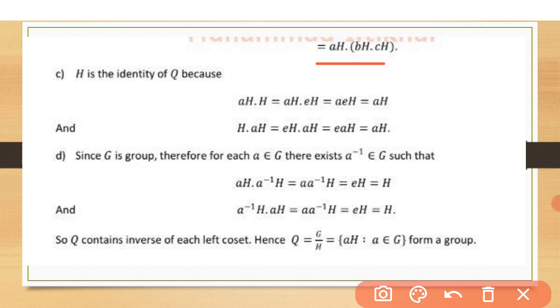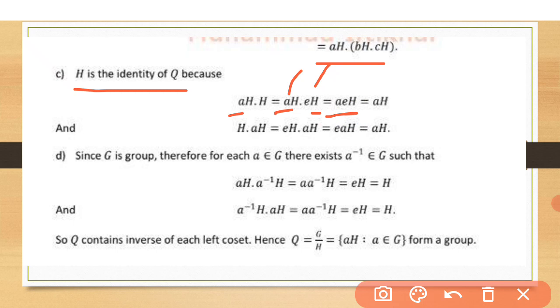Next is identity. H is the identity of Q because when we multiply an identity left coset with any other left coset, for example AH into H, AH into identity EH, and this is a left coset and this is also a left coset. When we multiply two left cosets, it gives us again a single left coset, and when we multiply A, any element, with the identity element, that gives us that element.